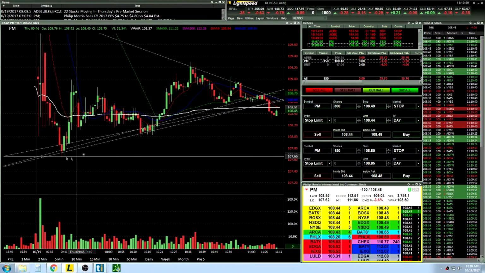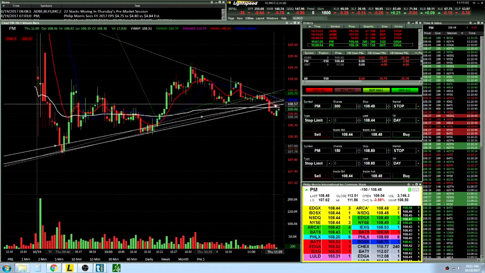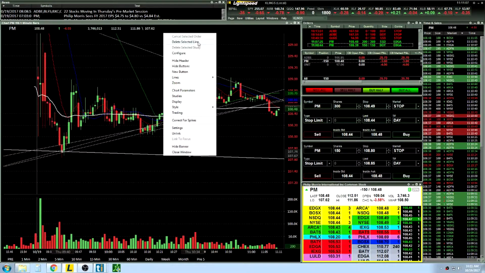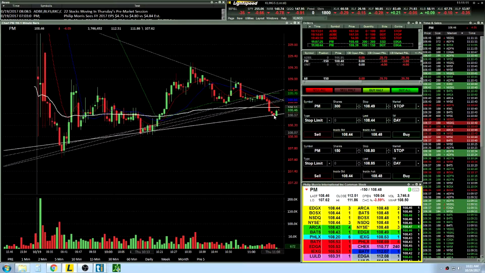I guess it could be making a new triangle, but obviously want to play it off the original. Hopefully we see a nice bounce here.